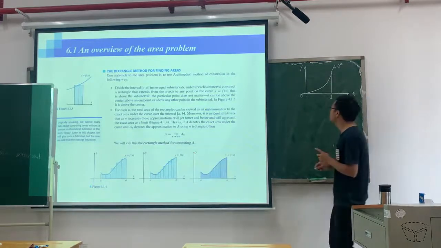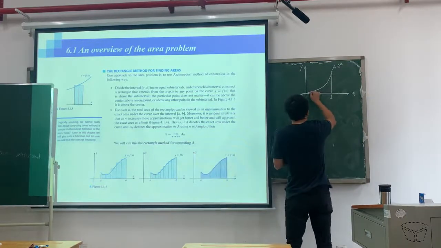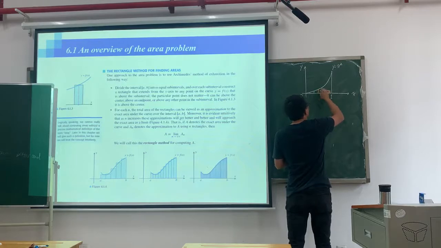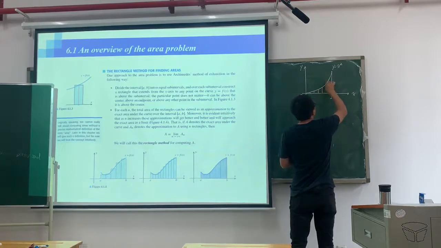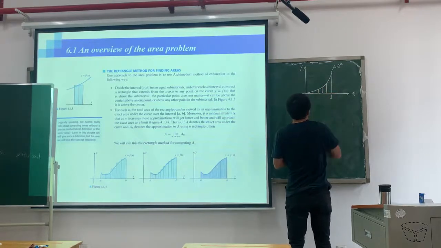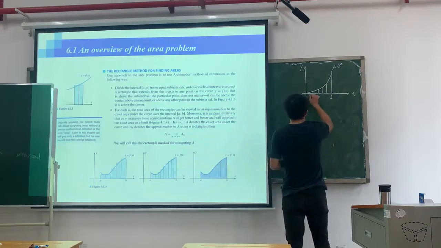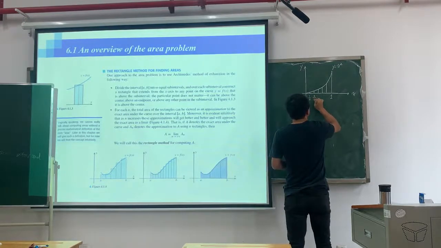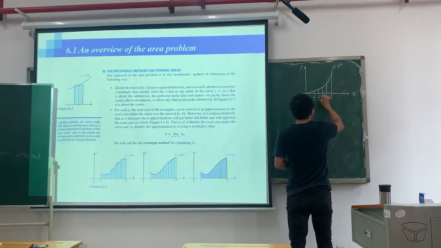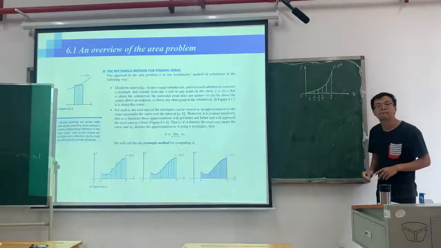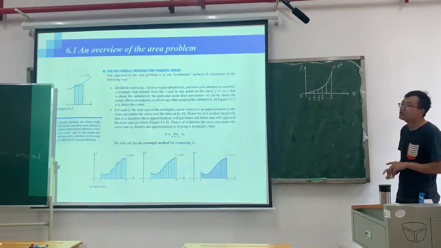So the points are 0, here is 1 by n, here is 2 by n, here is 3 by n, here is 4 by n, and so on.